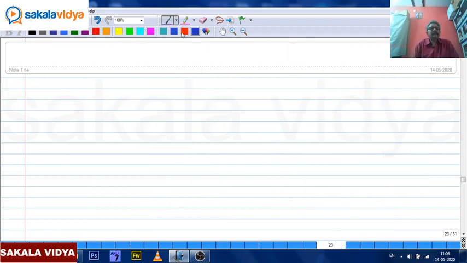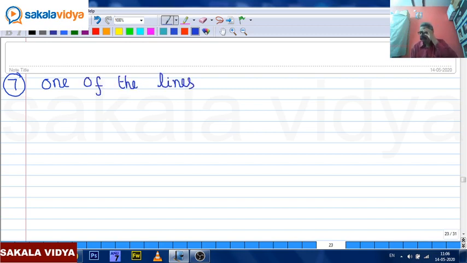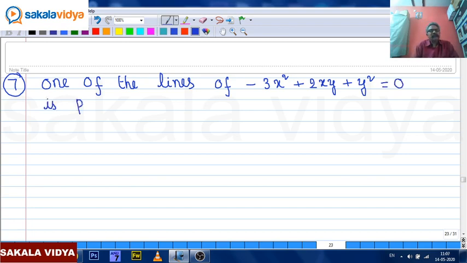Okay, seventh problem. One of the lines of minus 3x square plus 2xy plus y square equals to 0 is parallel to Lx plus y plus 1 equals to 0.